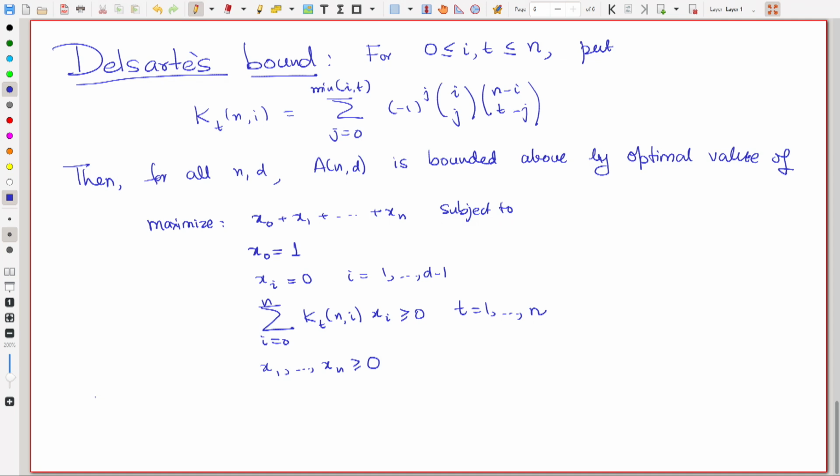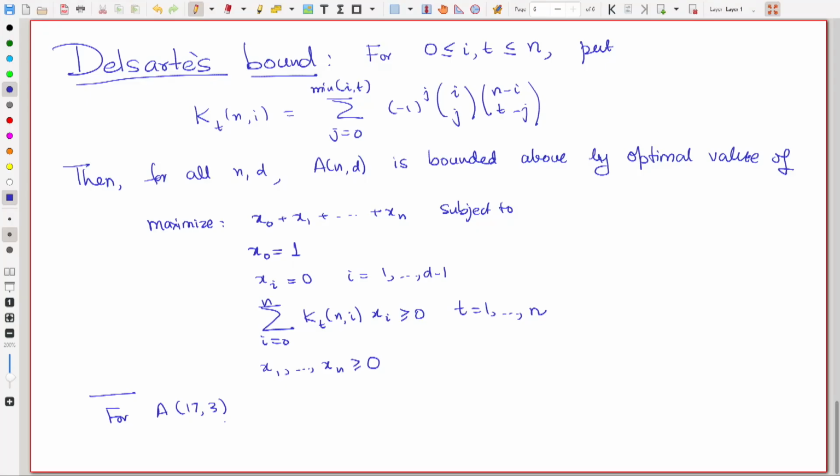So, if you want to compute A(17, 3), then you have a priori 18 variables, but 3 of them are fixed, right. x_0 is 1, x_1 is 0, x_2 is 0.